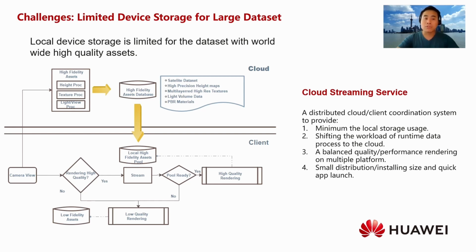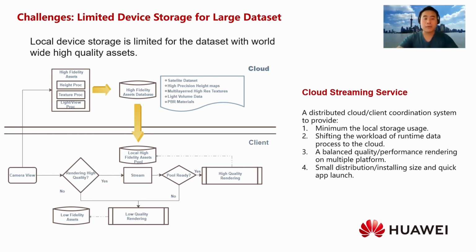It can also shift some of the runtime workload to the cloud, such as asset packaging and tree updating. This enables a balanced quality and performance experience across multiple devices or platforms. And this can also be very helpful to provide a much smaller package for easier distribution.